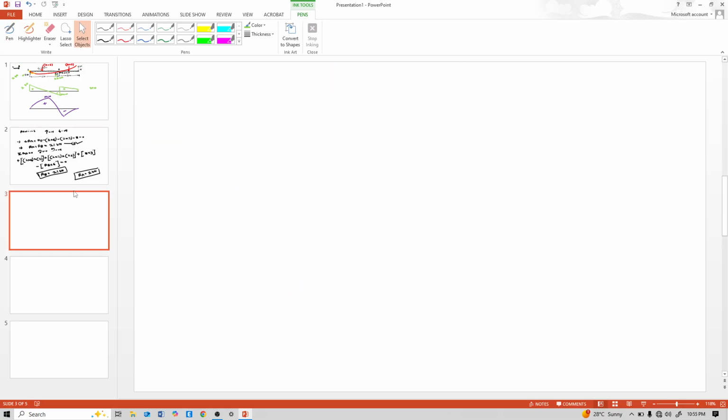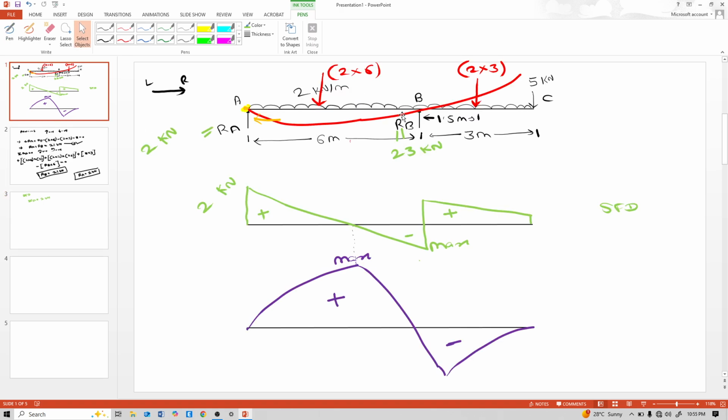So now the next step is to calculate the shear force diagram. So shear force at A is the reaction at A, and reaction at A is 2 kilonewton. Next is point B, left side.